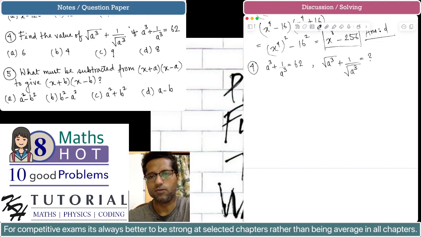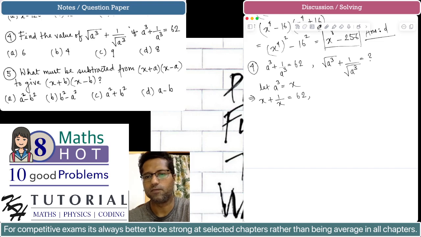So let a cube be equal to x. So this implies x plus 1 by x is given as 62, and we have to find the value of square root of x plus 1 by square root of x.